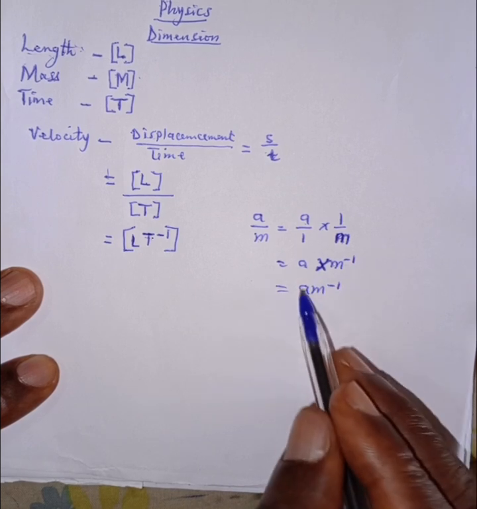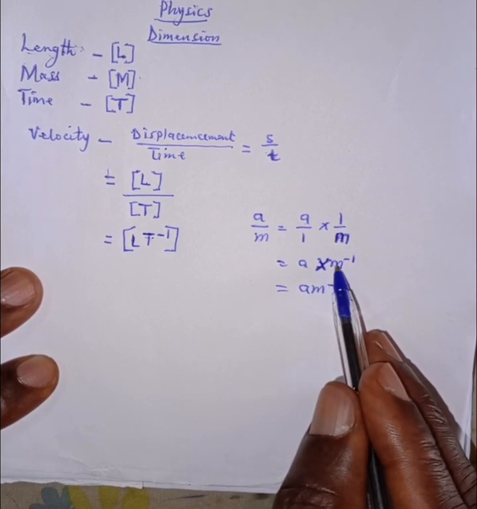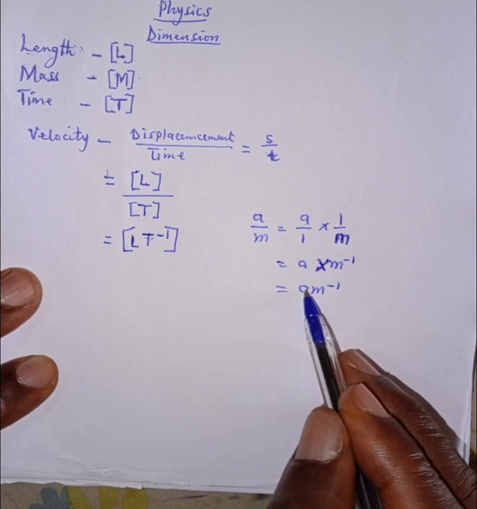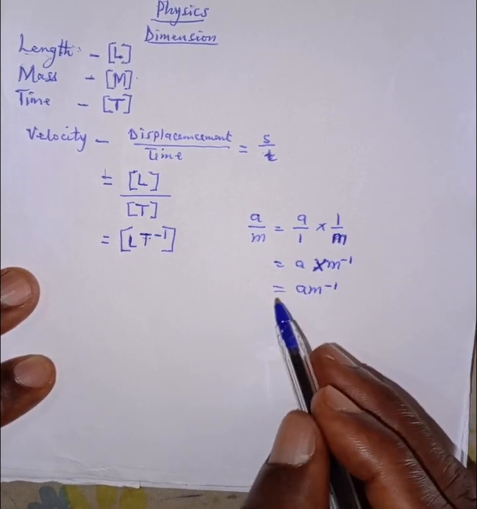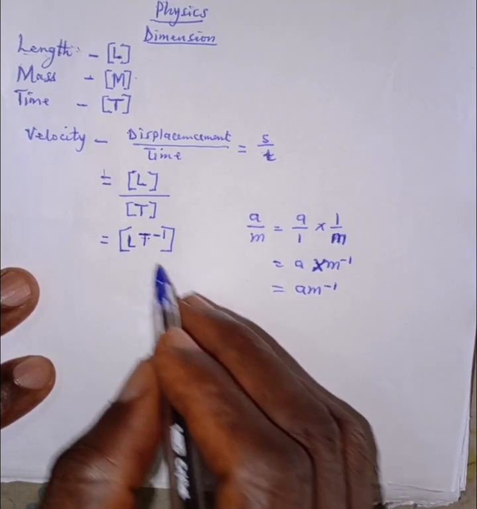So when you put everything together, you multiply A times M raised to power minus 1, which is the same thing as A M raised to power minus 1. You check this out in our indices class.